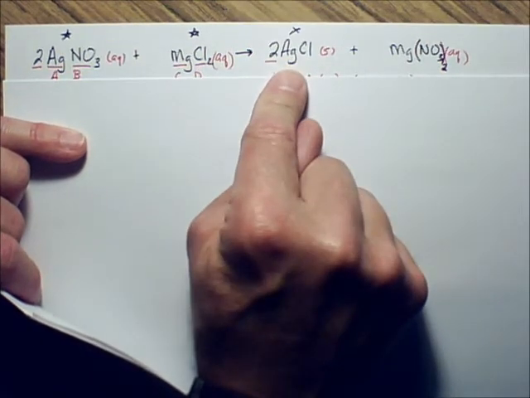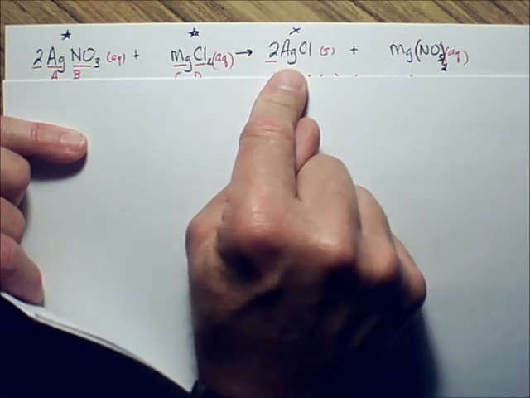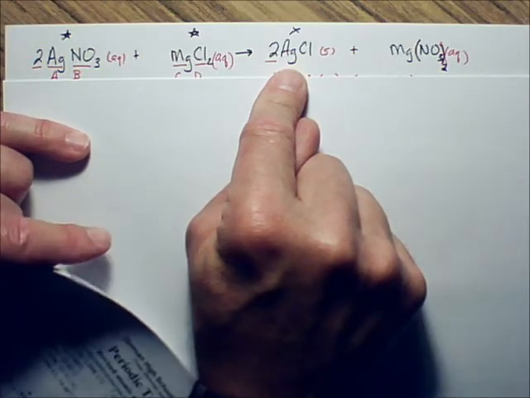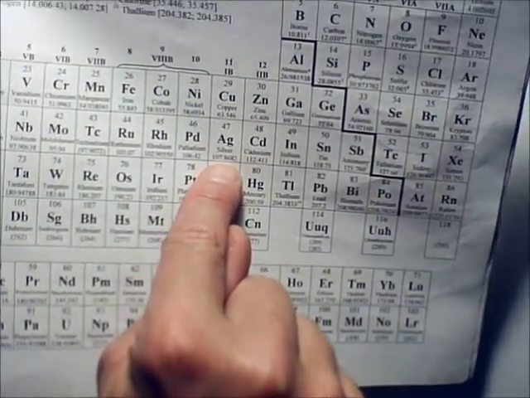How about this right here? Is this going to be ionic? Why? Well, if you're looking for Ag, it's right down here.